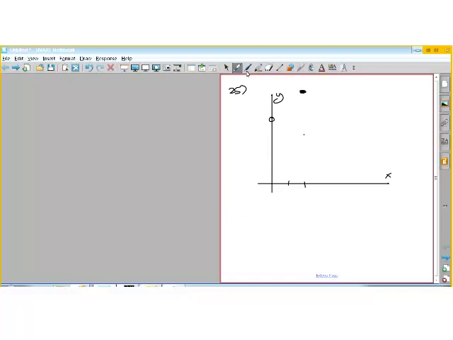So one particular solution would be to draw a straight line through these 2 points. And what is the equation for this line?